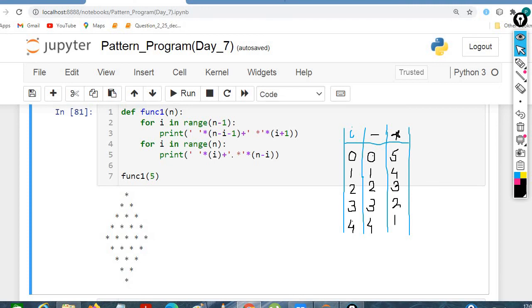It means we have to subtract 1 iteration from either the upper or the lower part. Otherwise we get duplication of records, which is not our actual required output.